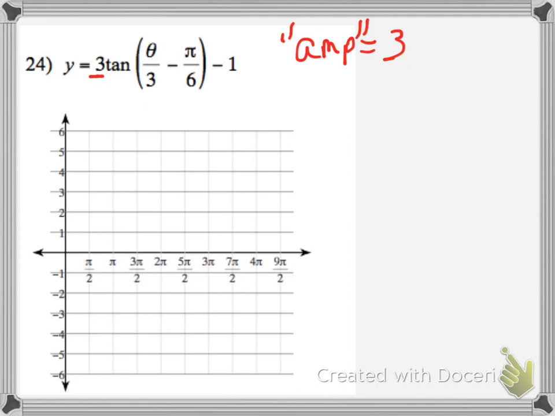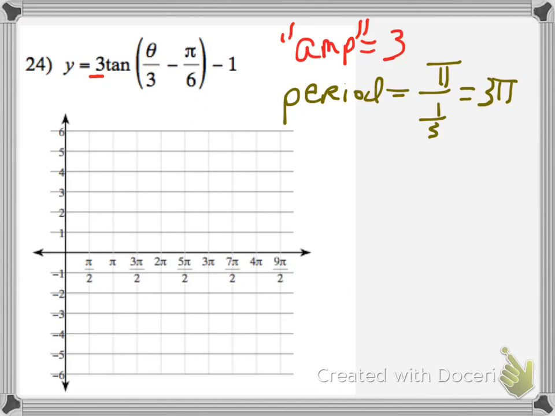The period of the normal tangent graph is actually pi, not 2 pi. So instead of 2 pi divided by b, we take just a plain old pi and divide it by b. So we get 3 pi.